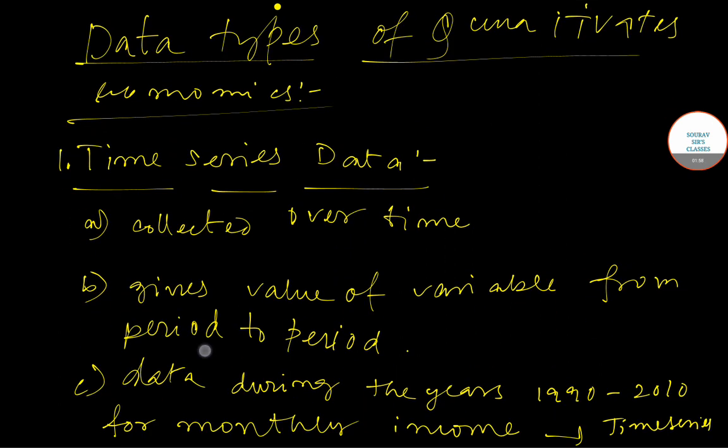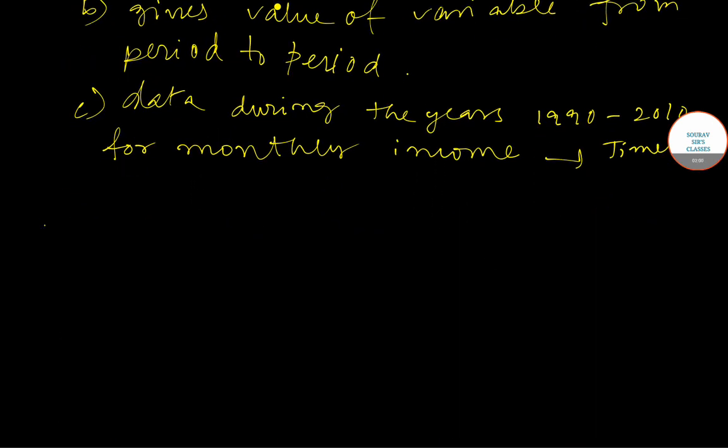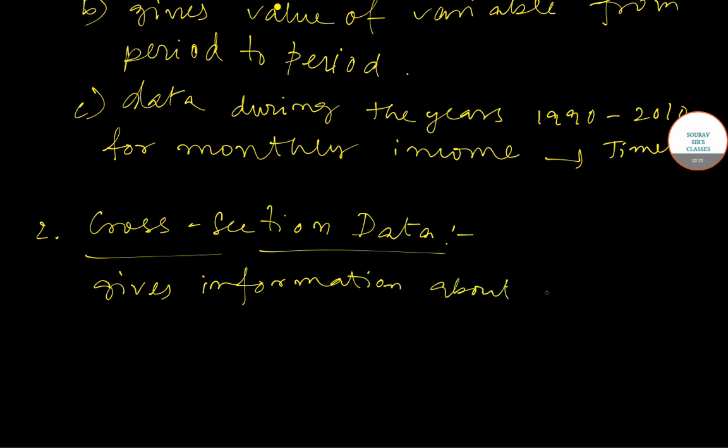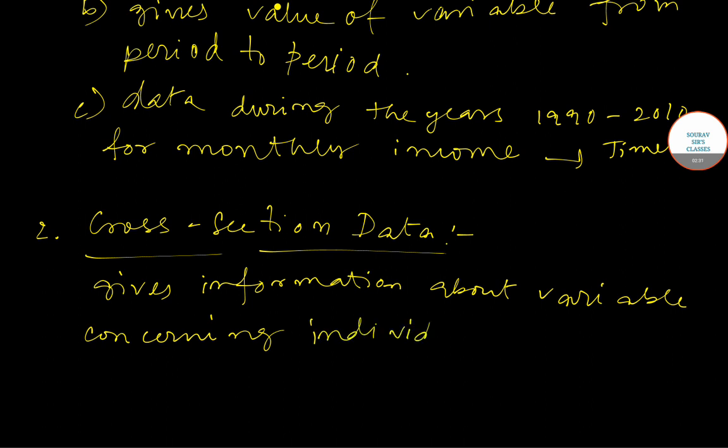Now I'll be talking about cross-section data. This is also an important type of data for econometrics. Cross-section data gives us information about variables concerning individual at a given point of time.